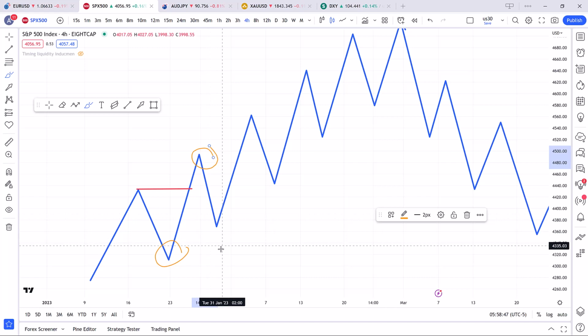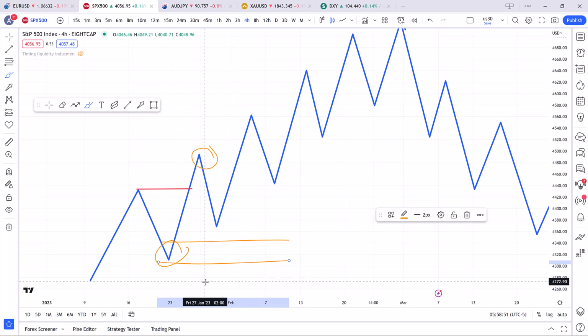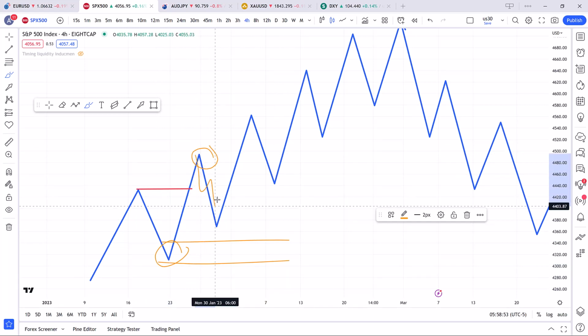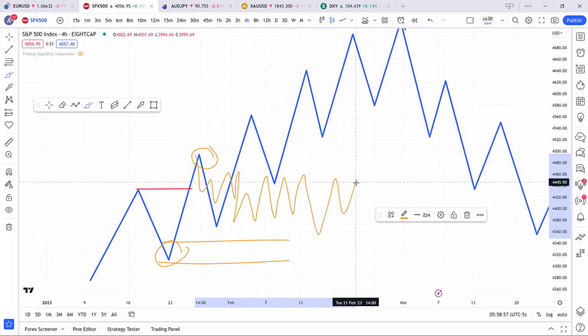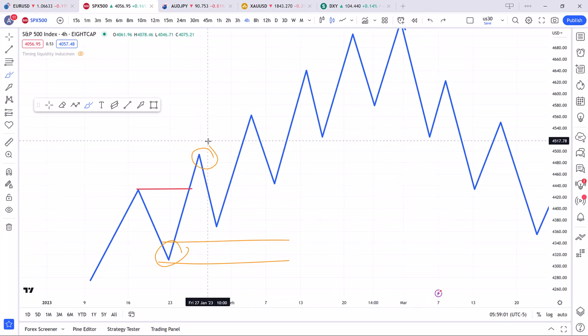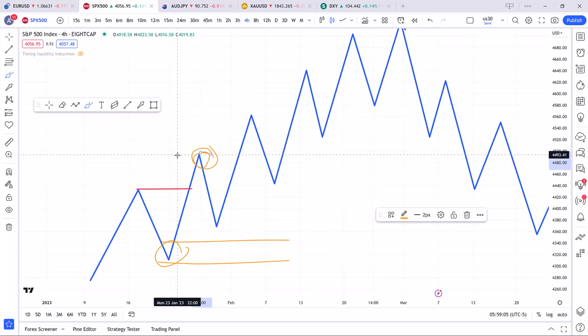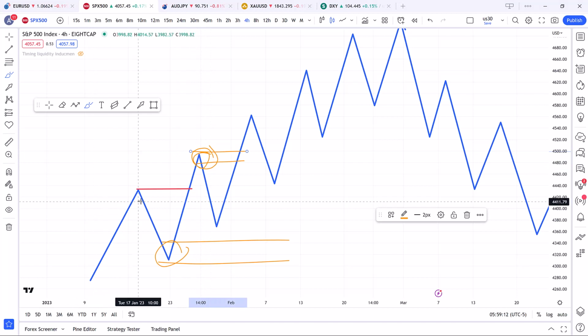What I mean is that we assume this low doesn't get broken, and whatever the market is doing here in any shape is just a pullback phase, and we assume that this high, which is targeted, is going to be our first target or take profit.